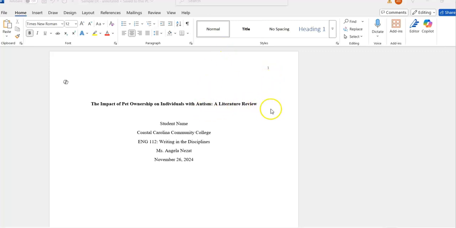You're going to drop down about 2 inches, and you will include the title of your paper, and it will be a title similar to this one, The Impact of Pet Ownership on Individuals with Autism: A Literature Review.